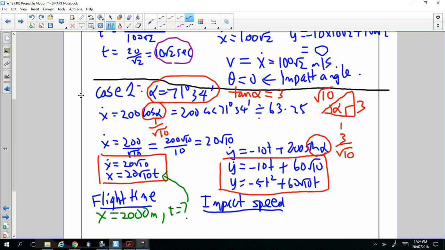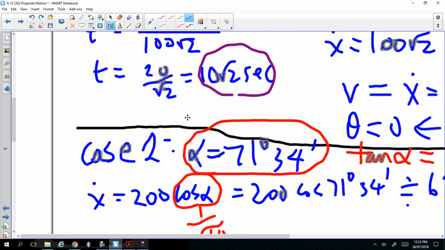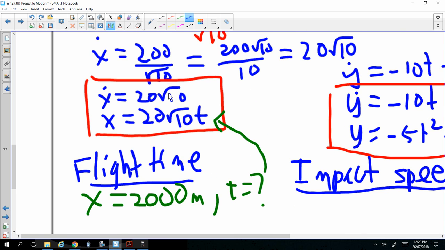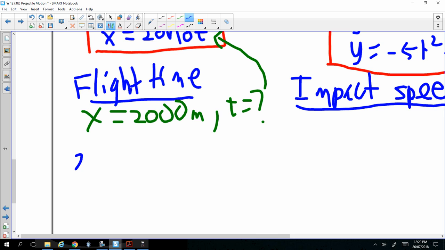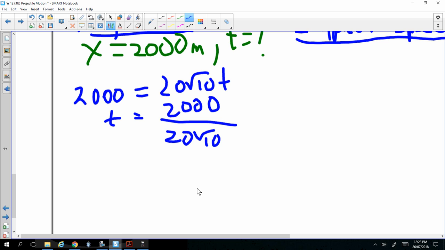So you get 2000 equal to 20 root 10 t. So t equal to 2000 over 20 root 10. Simplify, that will be 100 over root 10, which is 100 root 10 over 10, 10 root 10 seconds. Now let's compare the two flight times.